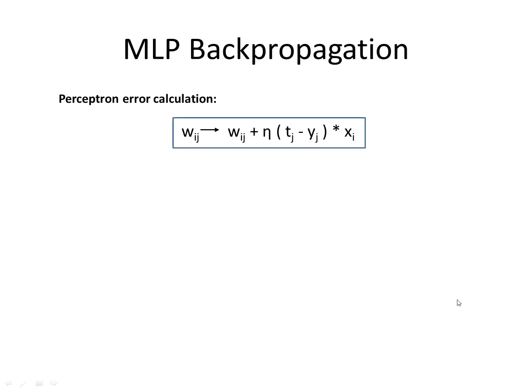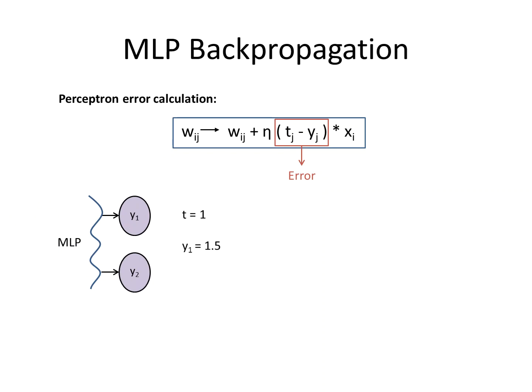For that, suppose we use the error calculation of the perceptron as we did for the OR logic gate, where we have new weight, old weight, learning factor, error calculation, and then the input. If we use the same concept for the multi-layer perceptron, suppose we have two outputs, and the target is 1, that is we need the output as 1, but we actually received y1 equal to 1.5 and y2 equal to minus 0.5.